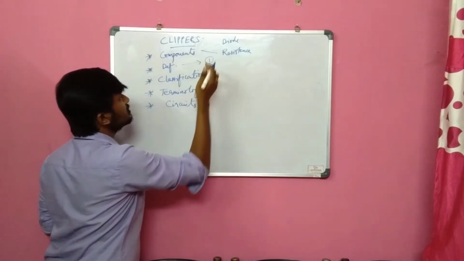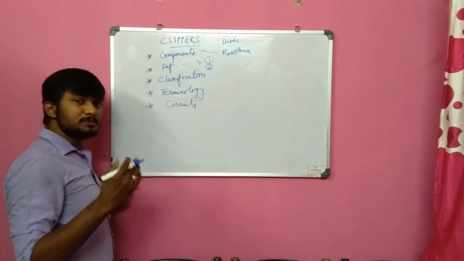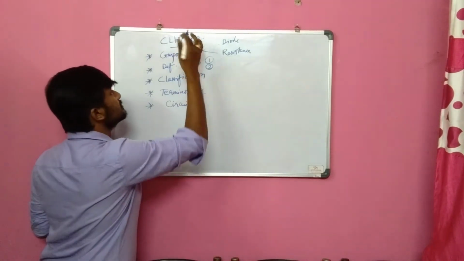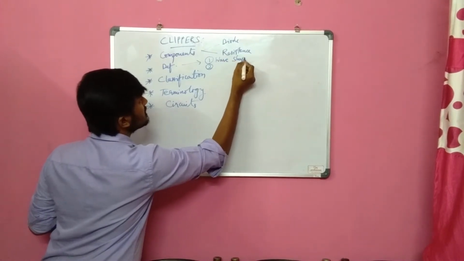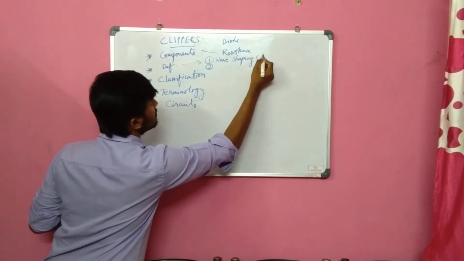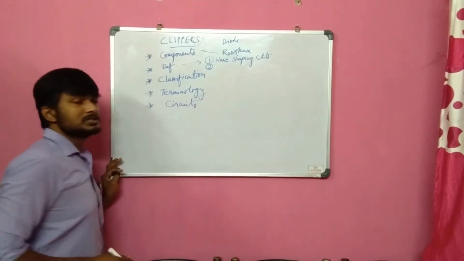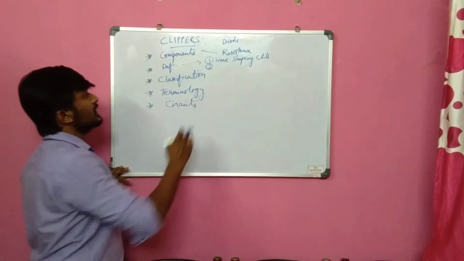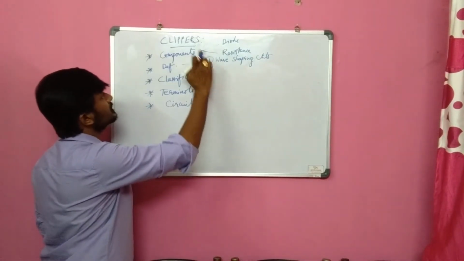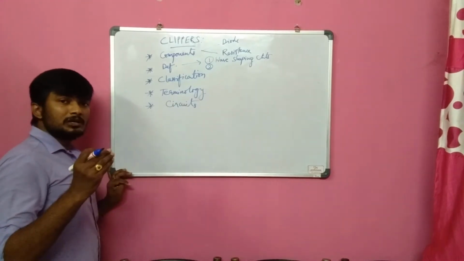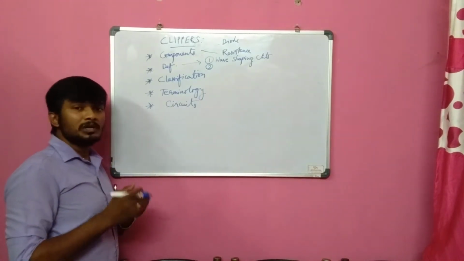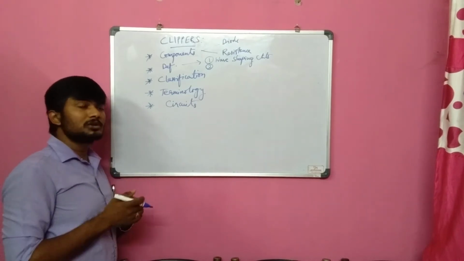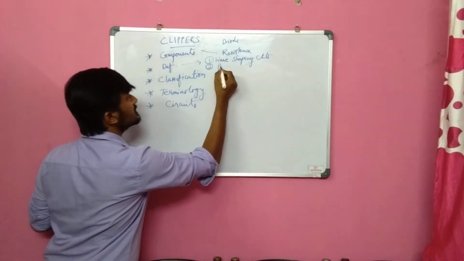Therefore, based on the first definition, as it shapes one form to another, these clippers are called wave shaping circuits. As per the second definition, a clipper is a circuit which shapes the waveform, and at the same time one portion of the waveform is removed.